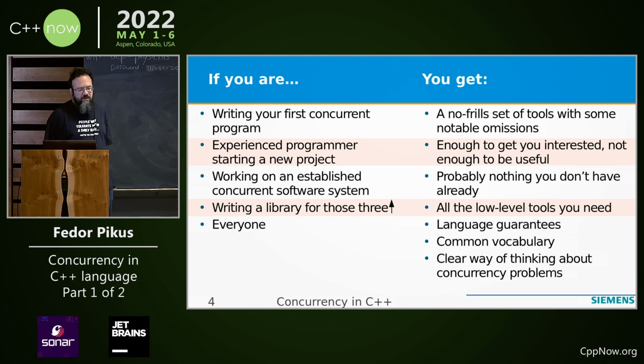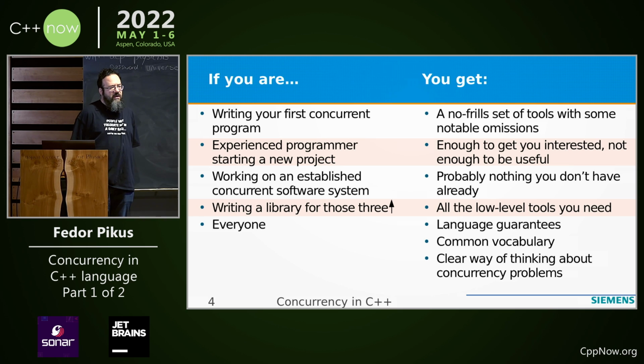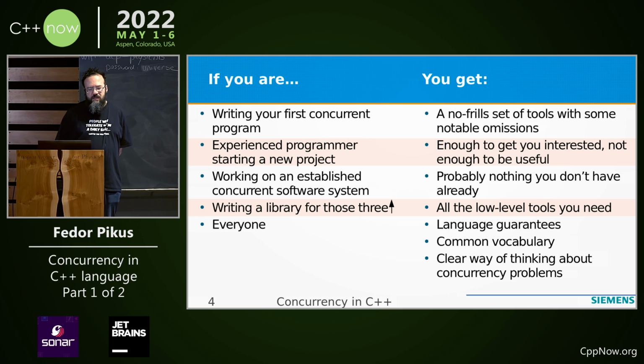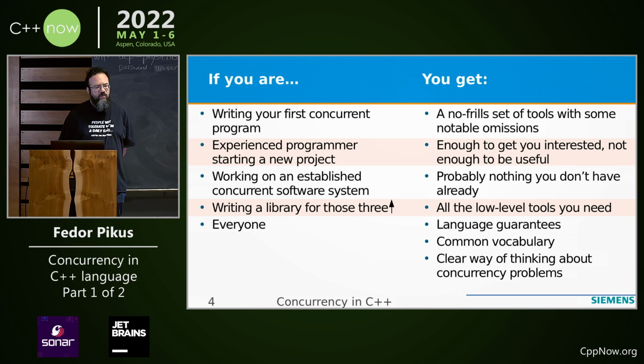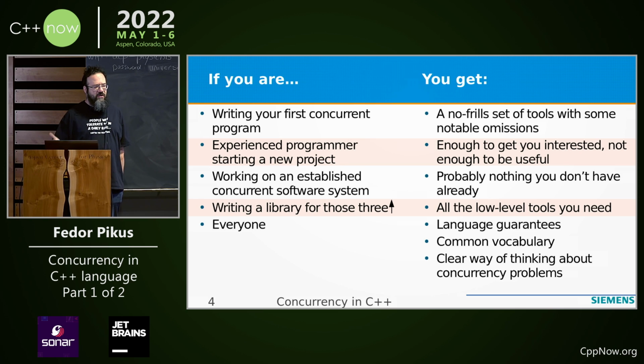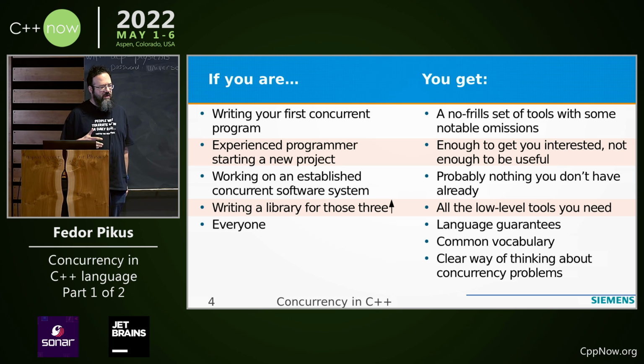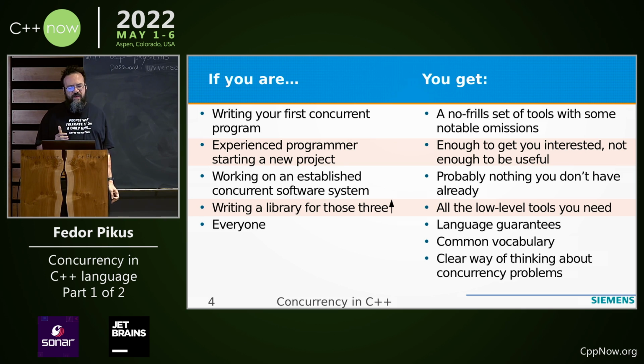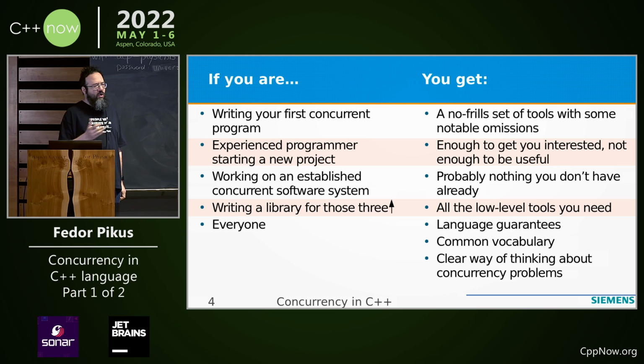But more importantly, and that's for everyone, you get guarantees provided by the language. You get a dictionary, a vocabulary that you can use to speak to other programmers that is common, enshrined in the standard, so you have certain assurances that you will understand each other. And you get a way to think about and reason about these concurrency problems that, again, is common.